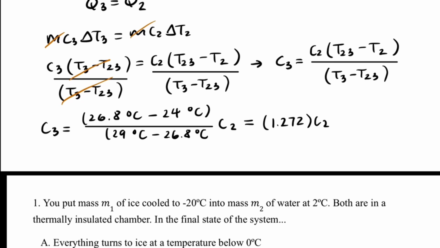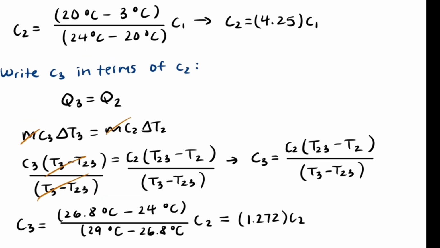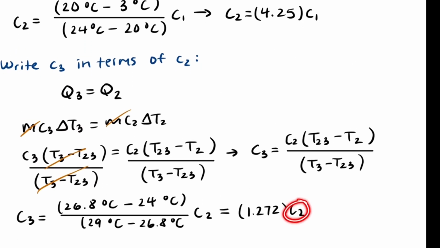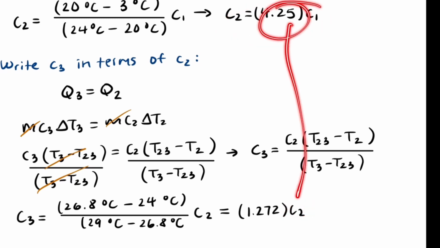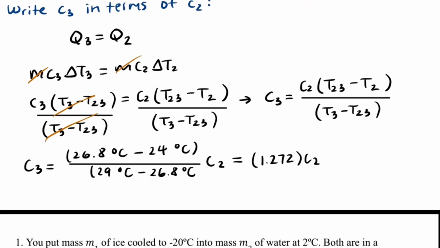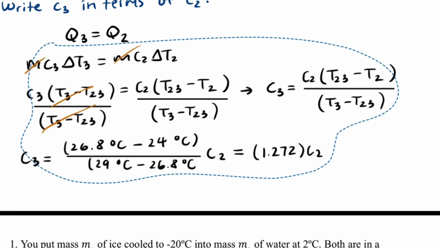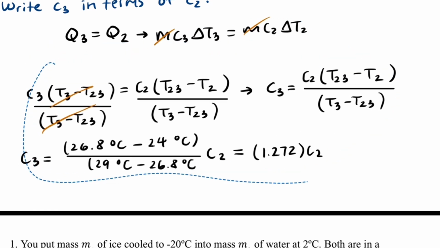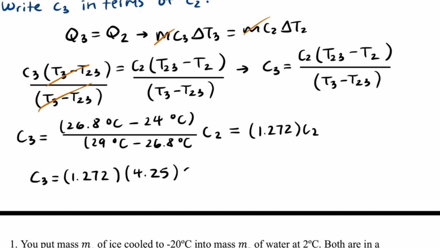What I'm going to do now is, because I know what C2 is in terms of C1, I'm going to substitute this expression here. All right, there you have it.